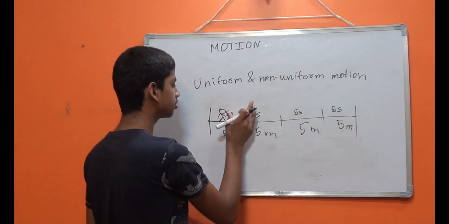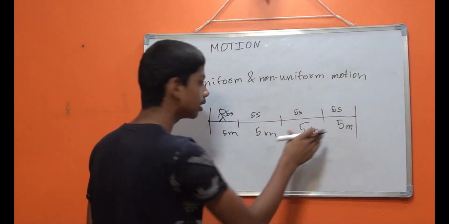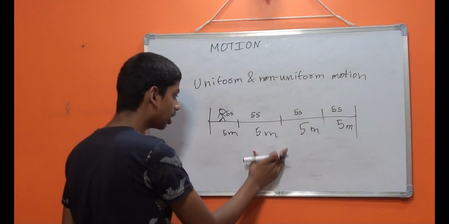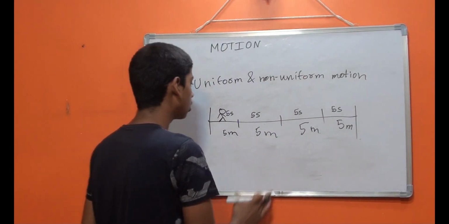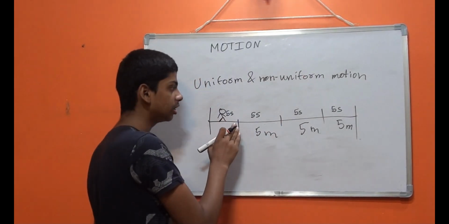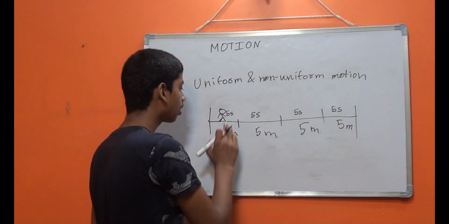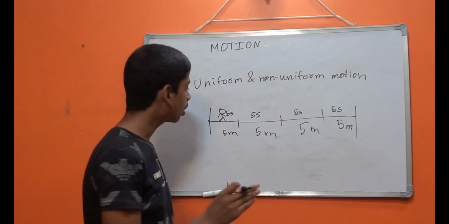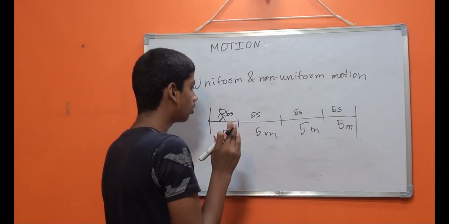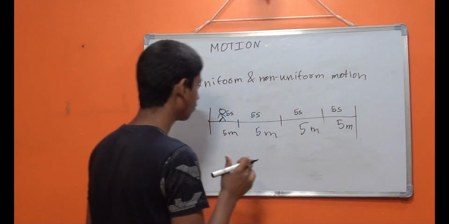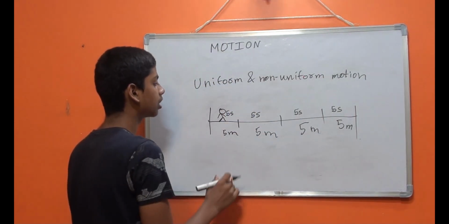So 5 seconds, 5 seconds, 5 seconds, these are all equal intervals of time, and the same in distance. This man is covering the equal amount of distance in the equal amount of time. This is called uniform motion.